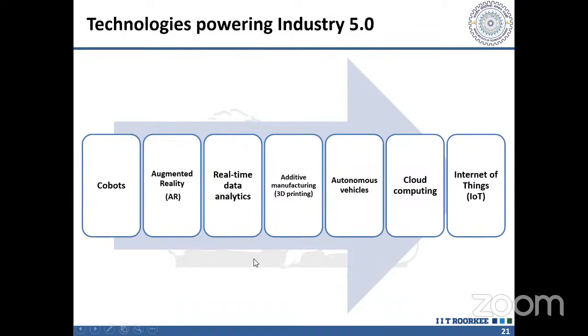Next is real-time data analytics, used to optimize the manufacturing process and make data-driven decisions. This requires advanced data analytics tools such as machine learning algorithms, big data analytics, and predictive analytics. The company Bosch uses real-time data analytics to optimize its manufacturing processes.